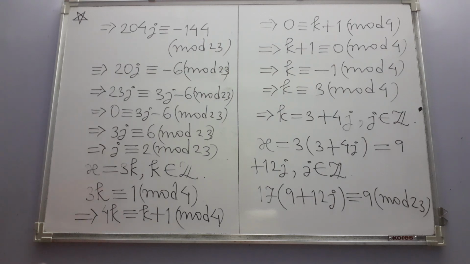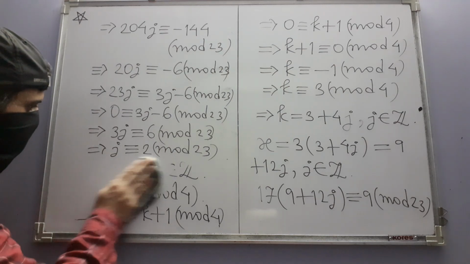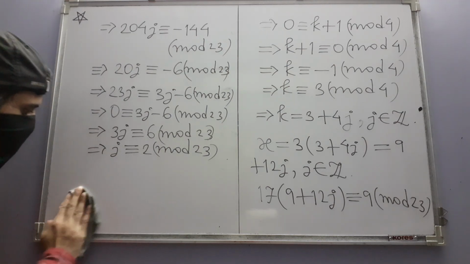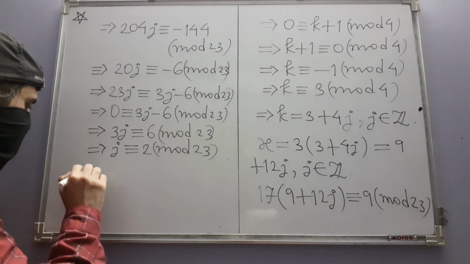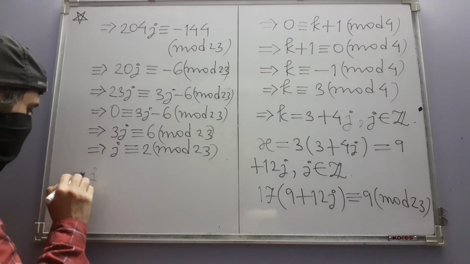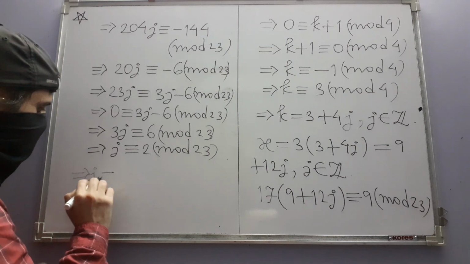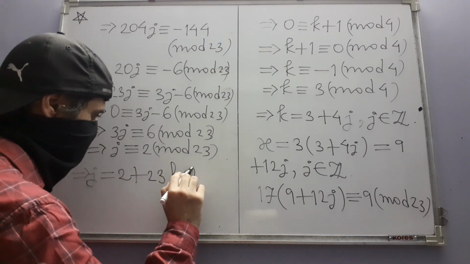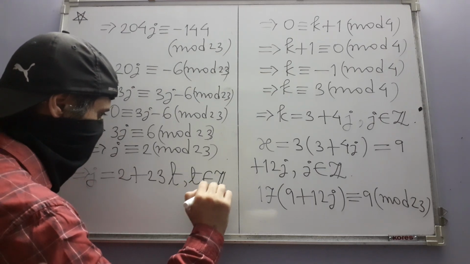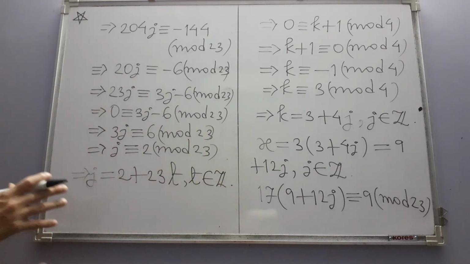And from this, we get a structure of J, how J generally looks. So J is going to look like this. J is equal to 2 plus 23T, where T is any integer. Now use this value there.